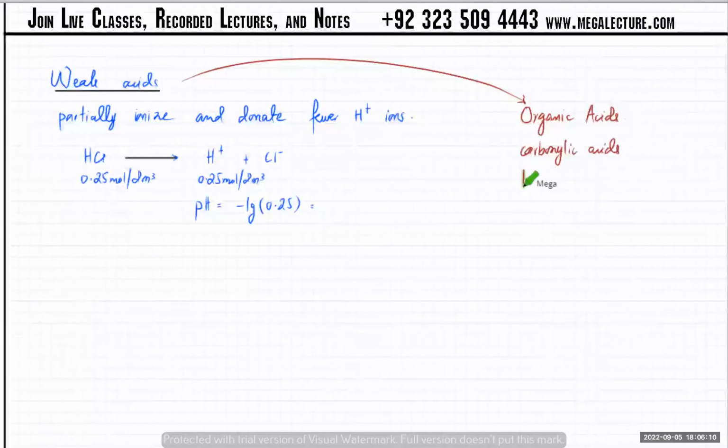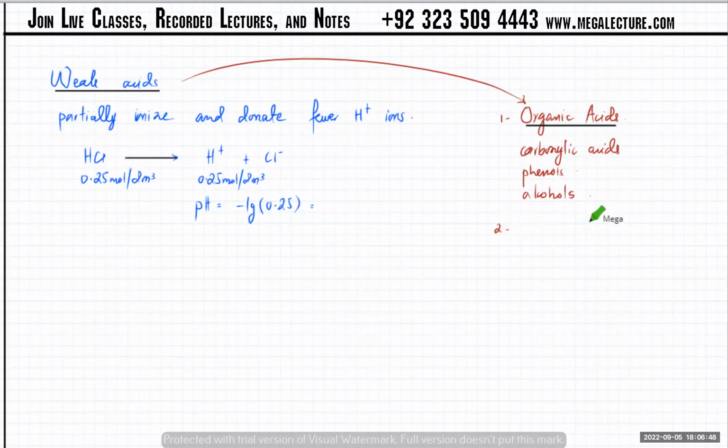You've got phenols, which you probably don't know right now, and even alcohols are slightly acidic because they sometimes lose H+ ions. So most organic acids are weak acids. Plus there are acids known as acid salts, which are also weak acids. So that's number 1, organic, and number 2 is acid salts.